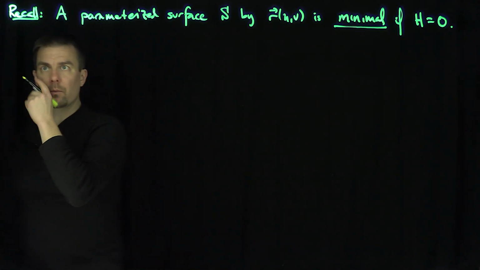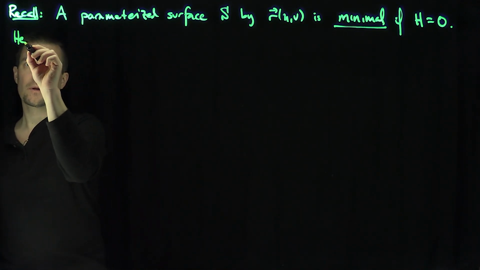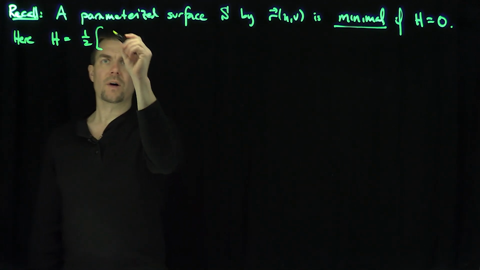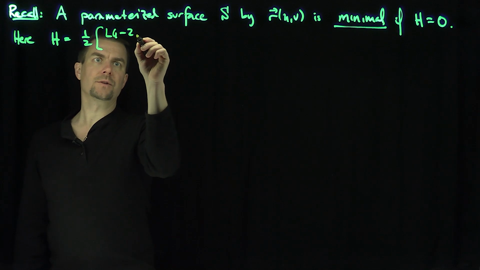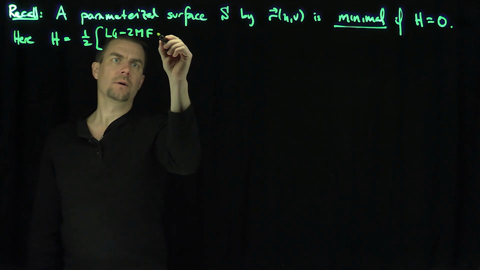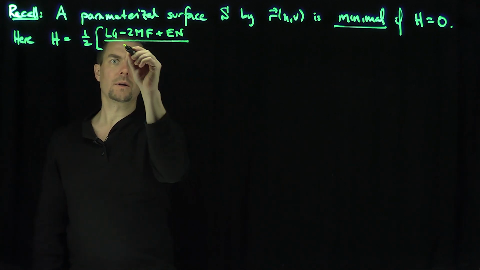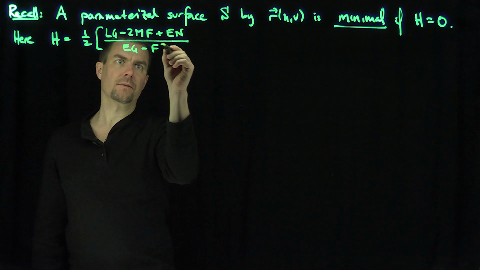And so let's recall the formula, where H is 1/2 times LG minus 2MF plus EN over EG minus F squared.